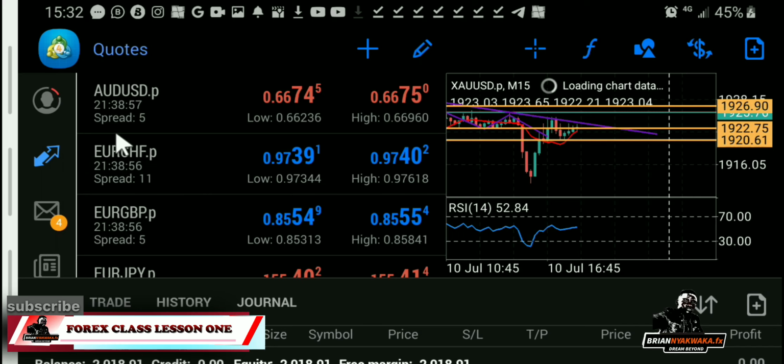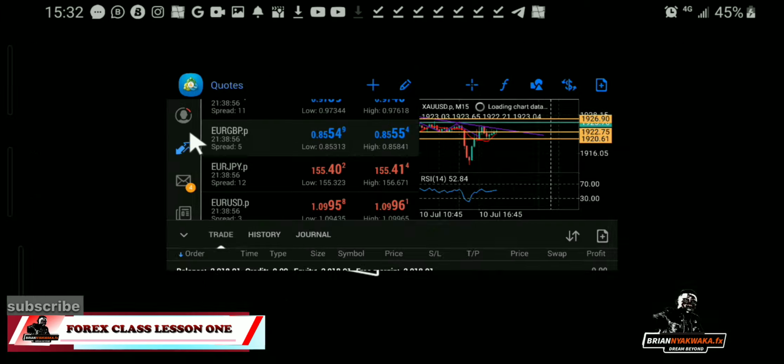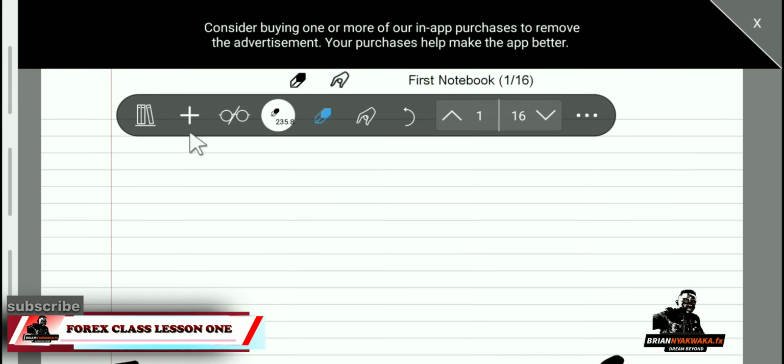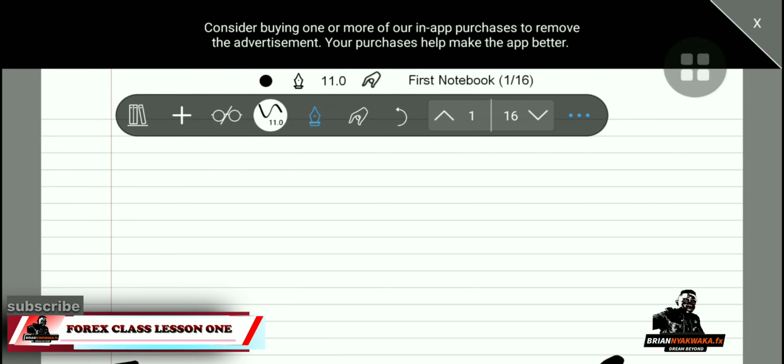Here we have euros and Swiss franc. We have Great Britain pounds and euros. So the reason why currencies are traded in pairs is because you are simultaneously buying one currency and selling the other, right? So we have different types of currency pairs.